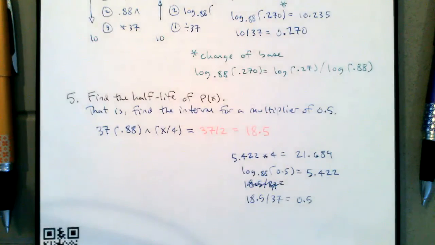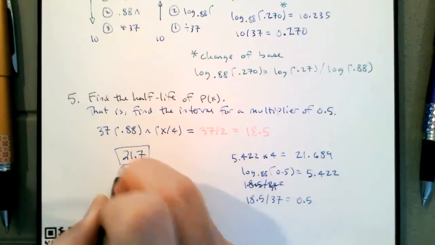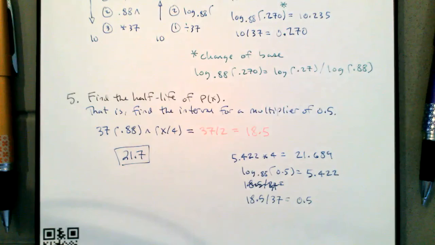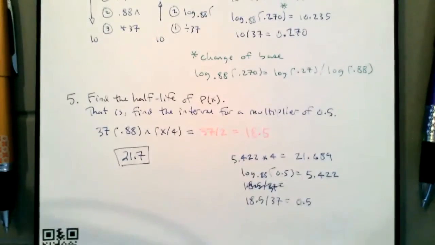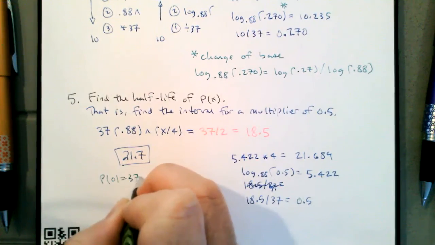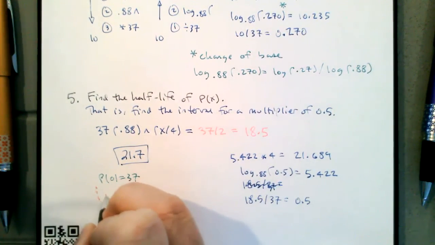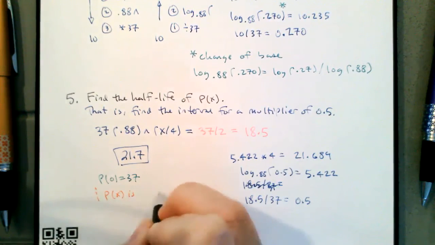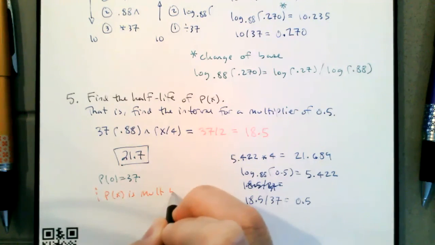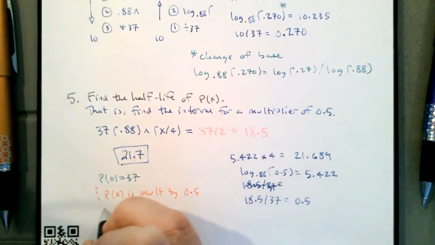So p of x is multiplied by 0.5 every 21.7 units. P of 0 is 37, and p of x is multiplied by 0.5 every 21.7 units.